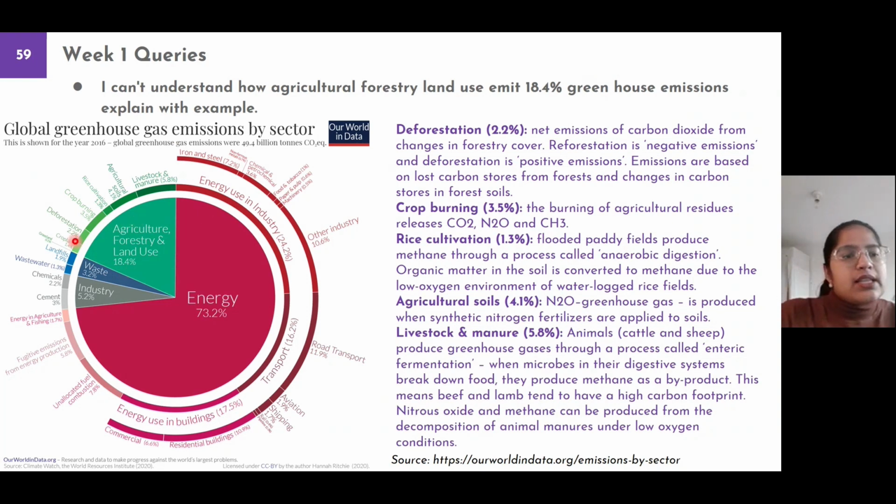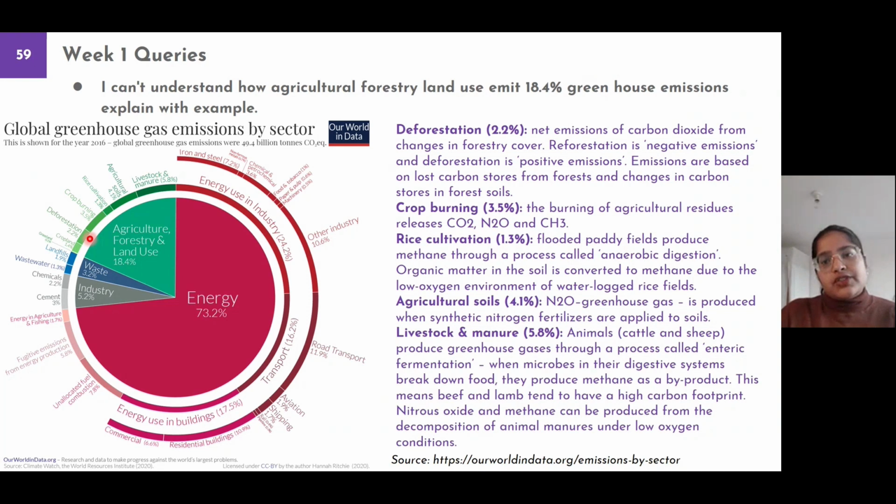So for example, something like deforestation, which contributes 2.2%, the carbon emissions are counted as positive if there is deforestation, that is, forests are being cleared, so the carbon sequestering potential is being lost. That is counted as positive emissions.